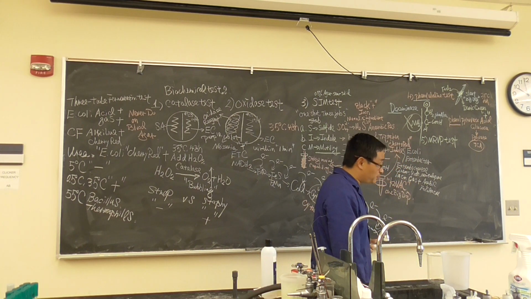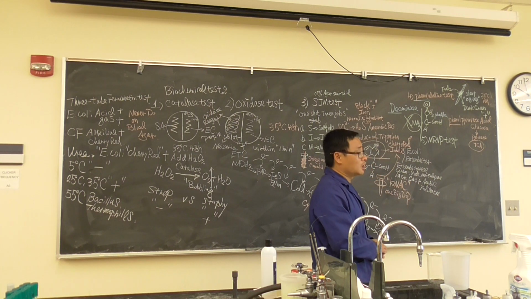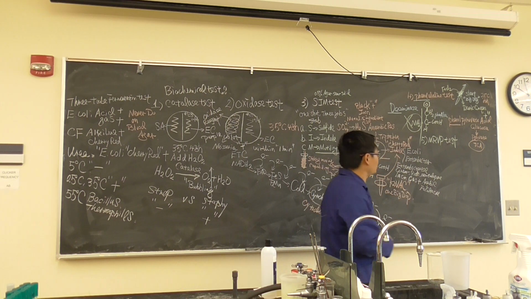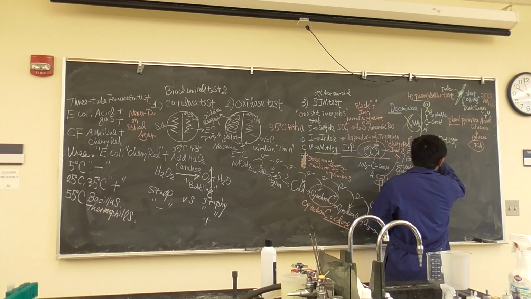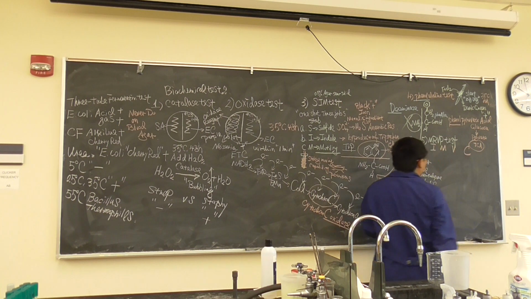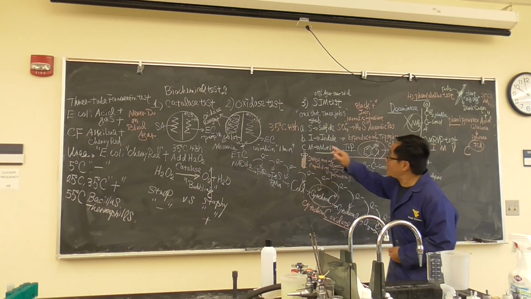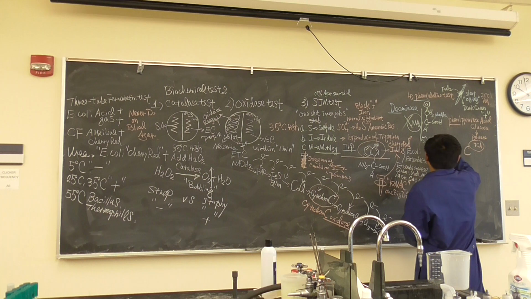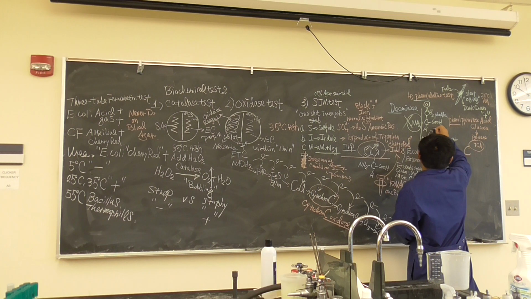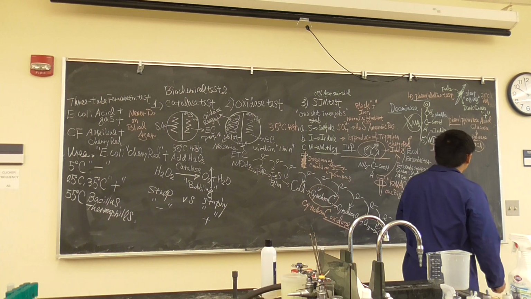And the MRVP test is also part of a group of tests called the IMViC test. What is I? Right here, Indole. So this is Indole, I. What is M?